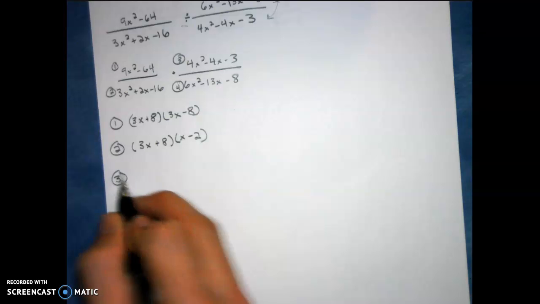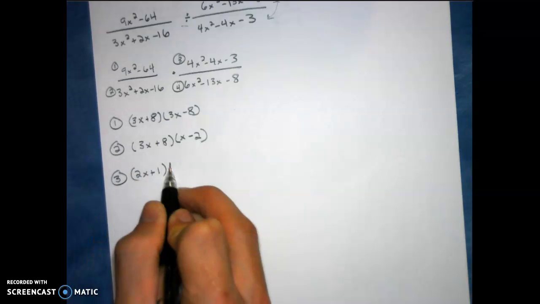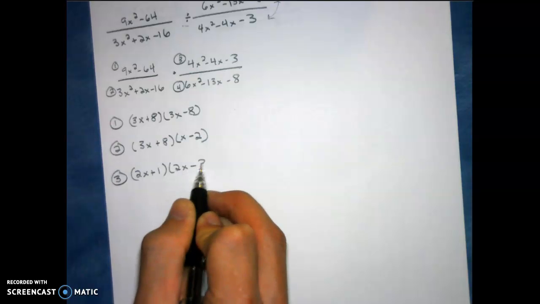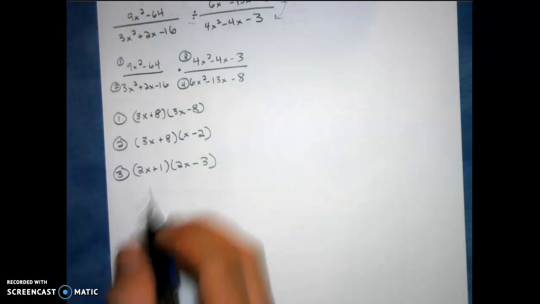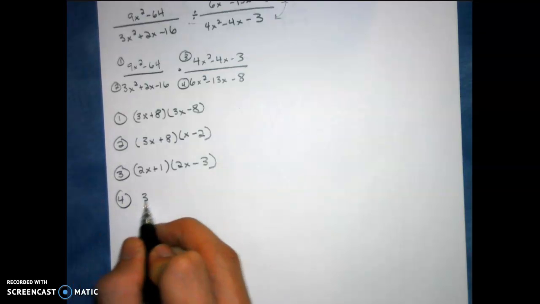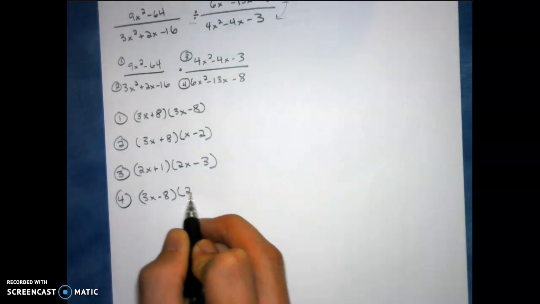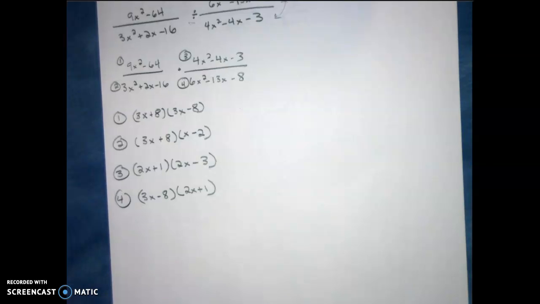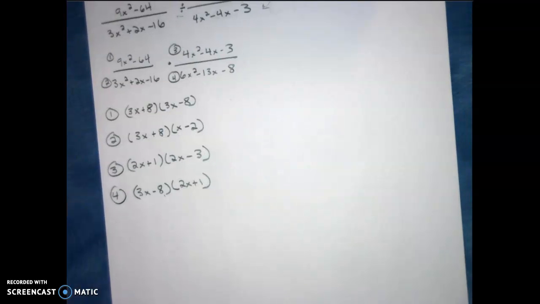Third one, we get 2x plus 1, 2x minus 3. And then the fourth one, we have 3x minus 8, 2x plus 3. All right, now we replace everything with its factored form and then look for things to cancel.